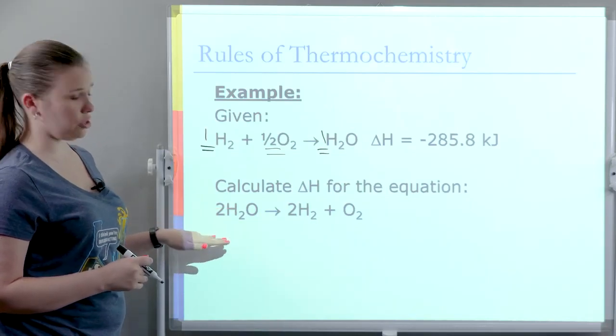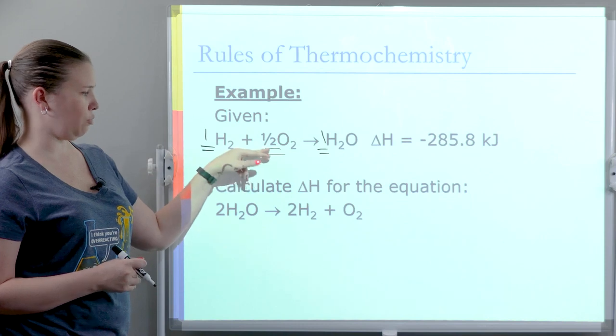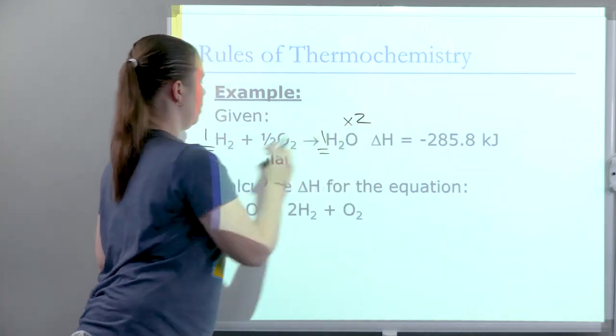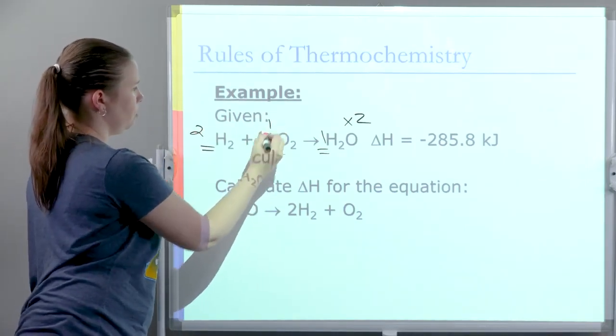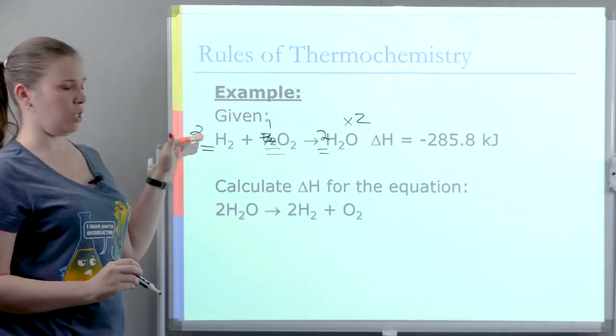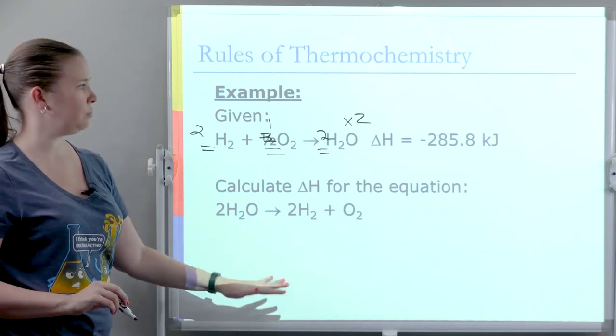If the chemical reaction I'm actually interested in has 1 mole of oxygen instead of half a mole of oxygen, I can just double this entire equation, meaning 1 becomes 2, the half becomes a whole, and then again over here 1 becomes 2. So now my coefficients look similar to the equation that I'm trying to find the heat energy of.